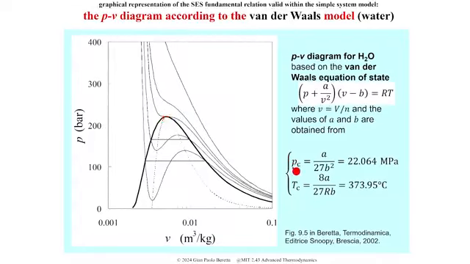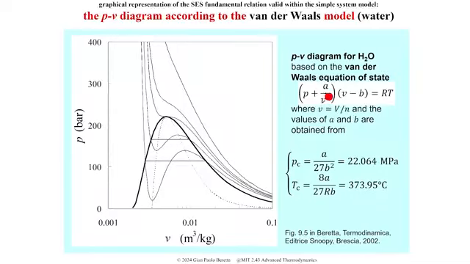And the critical point for the van der Waals has these values that depend on the values of a and b. So if I choose to select a and b using the actual values for water, for the critical pressure and the critical temperature, I get two values of a and b, so I can have a representation of water.